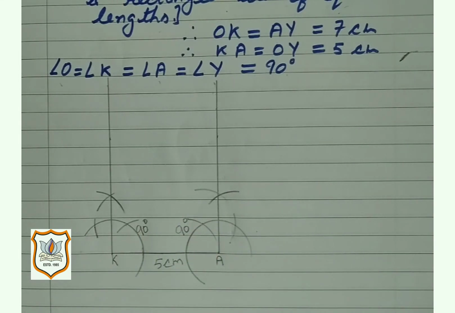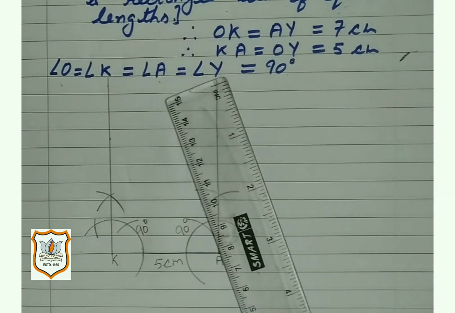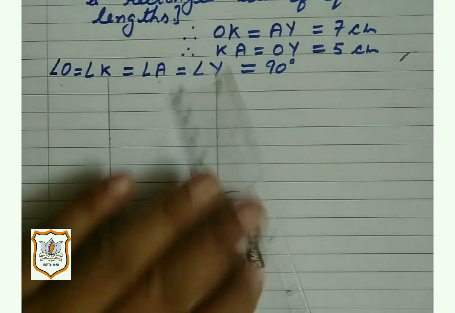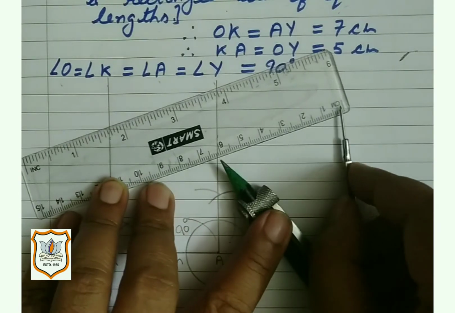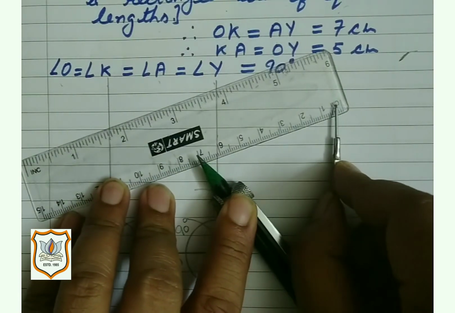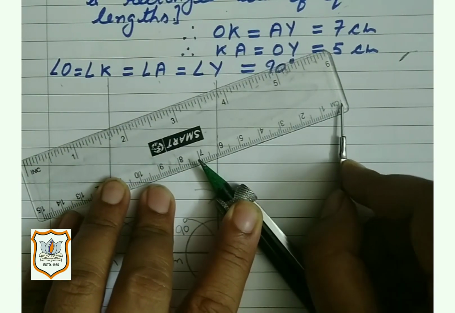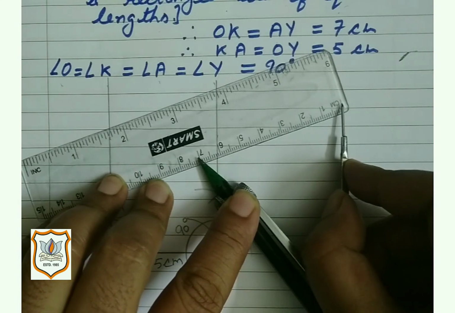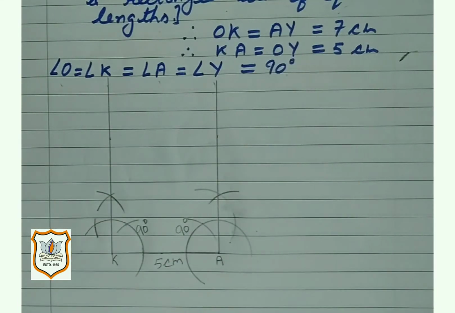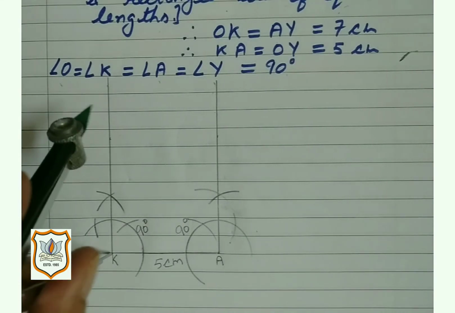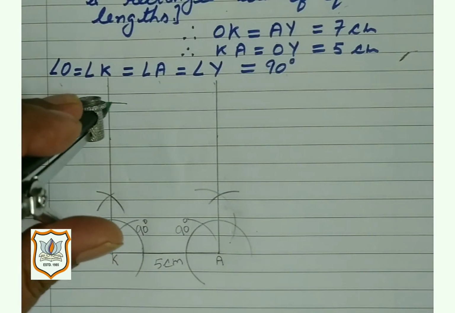Now we will take 7 centimeters in the compass. You can see here, this is 7 centimeters. Now take K as a center and we cut the line of the 90 degree angle.